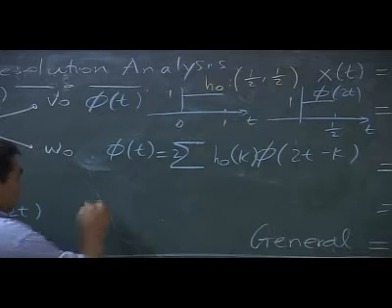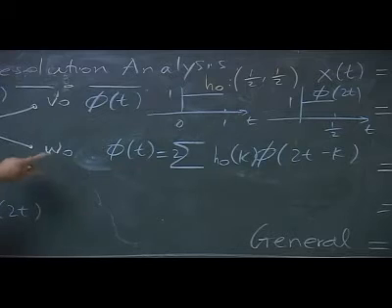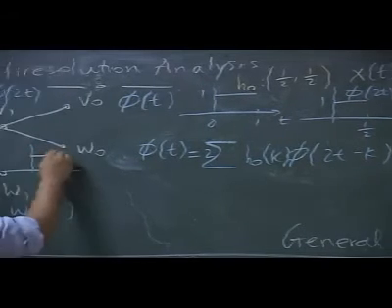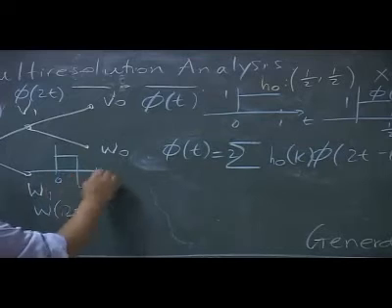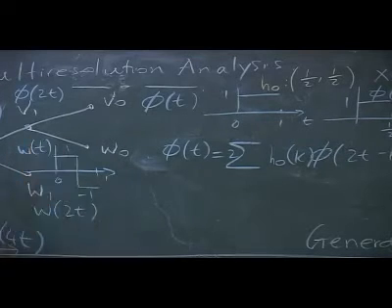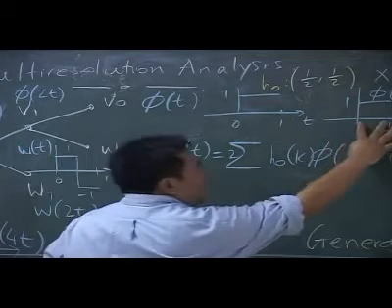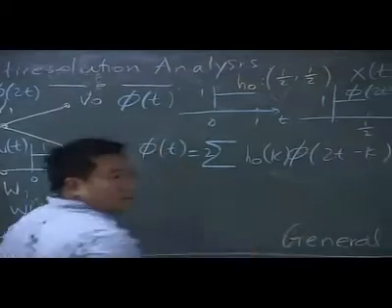Furthermore, I also notice that W naught of t, W of t, is also in V1, right? Because W of t looks like this. Right, that's W of t. So I can combine this with the shift and flip.